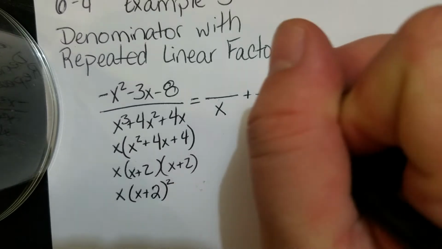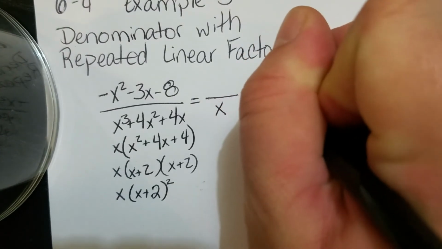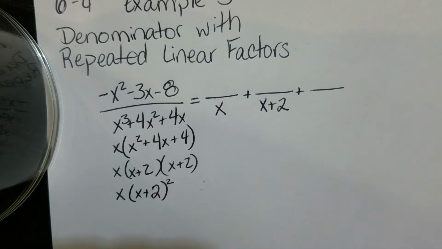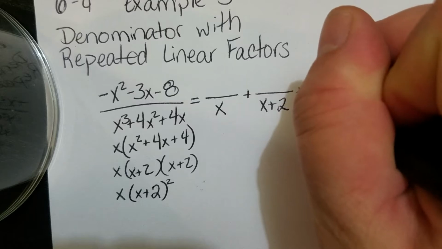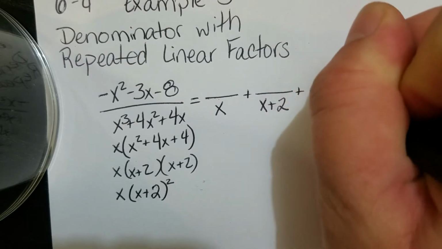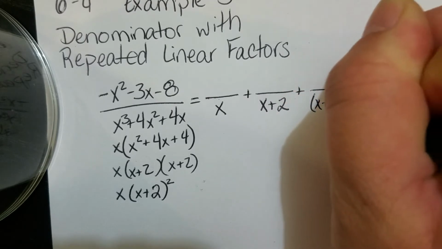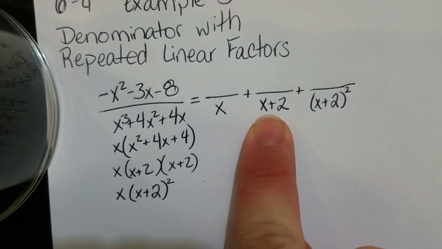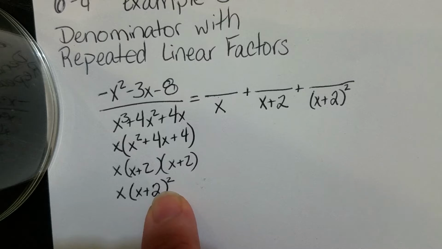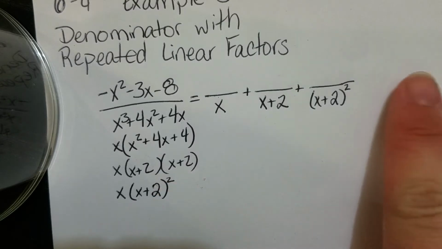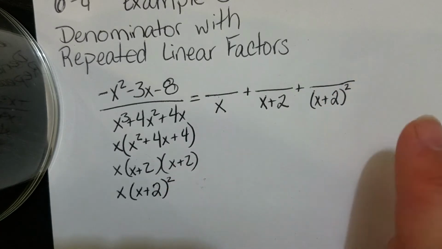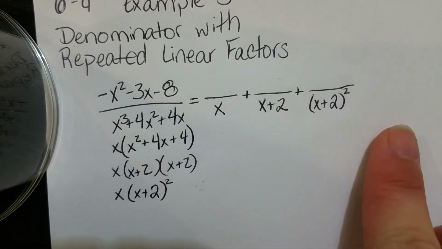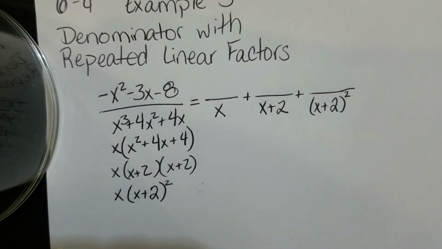So you need to have an x plus 2 to the first power, and then you have to also have an x plus 2 to the second power. So whenever you have something repeated, you just need first power and then second power. If it was to the third, you would need another one for the third power, and so on. However many times it's repeated, you need one for each power leading up to the highest power.